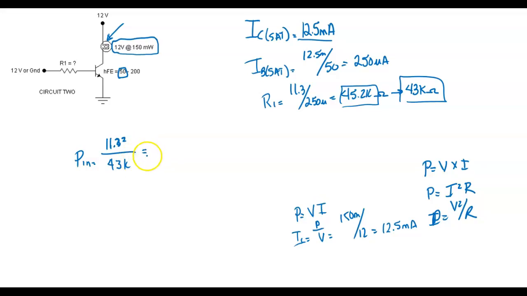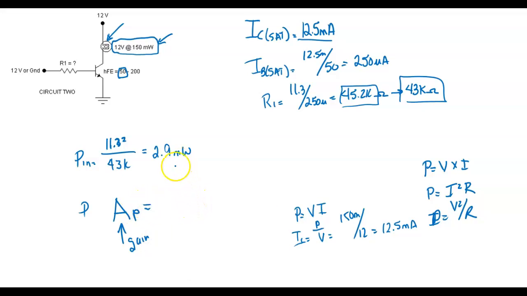So what's our input? What's our power in? And what's our power out? Our power out, we're given, right? So power gain, by the way, in electronics we use A to represent gain. Then we put what gain we have as the subscript, so that would be AP.